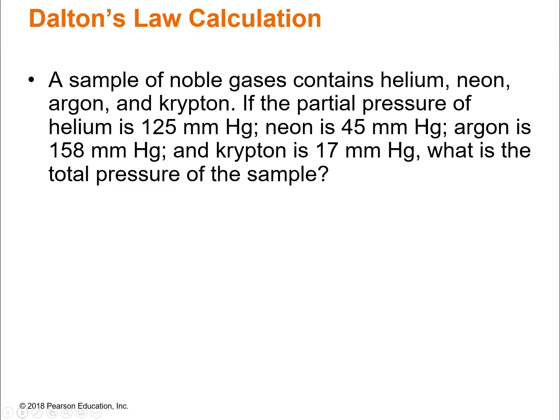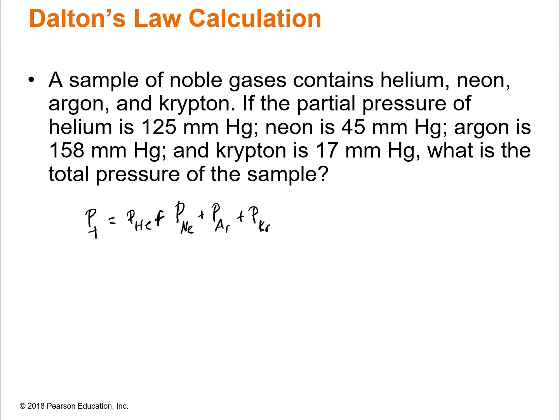We have all these different partial pressures for each of them, and we have to figure out the total pressure of the sample. The total pressure is going to be equal to the pressure of the helium plus the pressure of the neon plus the pressure of the argon plus the pressure of the krypton.